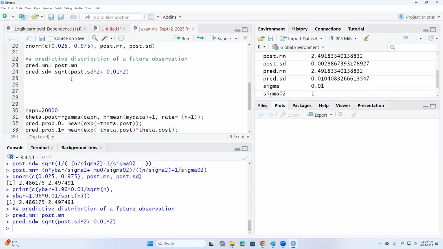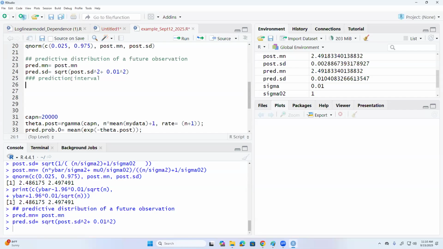Now, if I'm asked to obtain a prediction interval, okay, Bayesian prediction interval, what should I do? I'll use this distribution, calculate the quantiles from this distribution. So prediction interval. What is the interval that a future observation will lie within with probability 0.95.